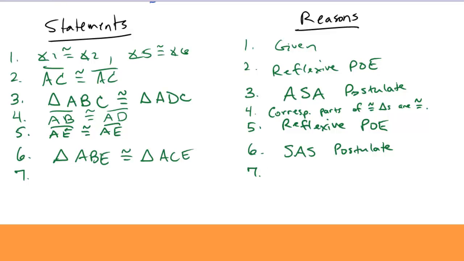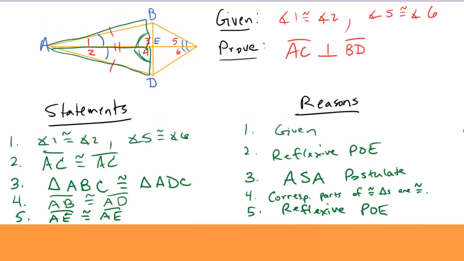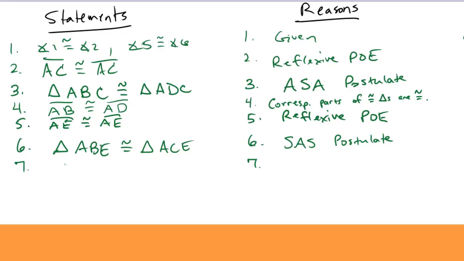Now, angle 3 and angle 4 are corresponding parts of those triangles. So angle 3 is congruent to angle 4 because corresponding parts of congruent triangles are congruent.